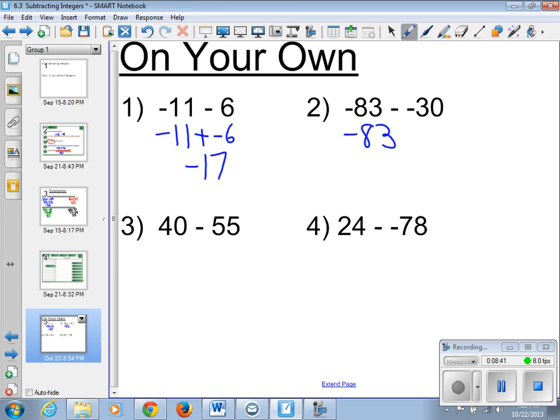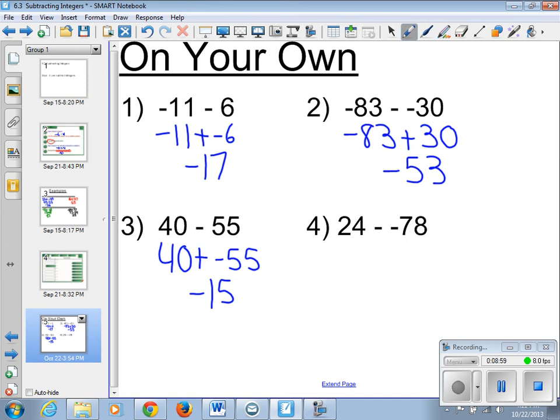Negative 83 plus positive 30 becomes negative 53. 40 plus negative 55 becomes negative 15. And 24 plus 78 equals 102.